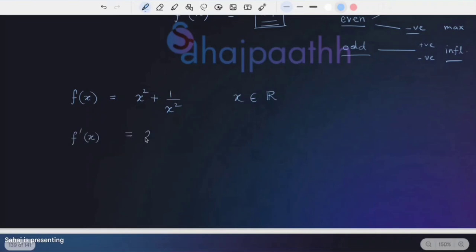You get 2x minus 2 by x cubed, and you set this to 0 to find the points of extrema.